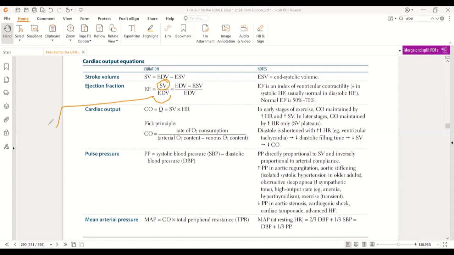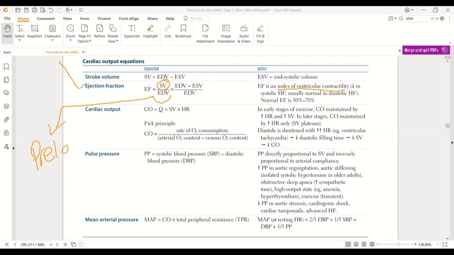Preload, right? And this stroke volume is the ejection of the blood that takes place from the ventricle. So the ejection fraction is basically the index of the ventricle contractility.